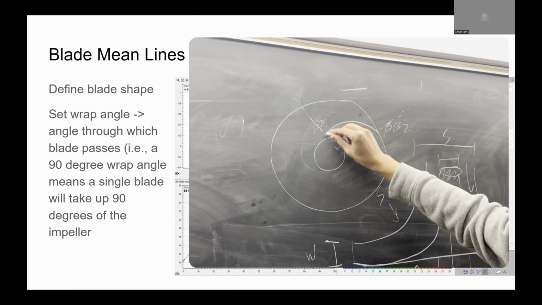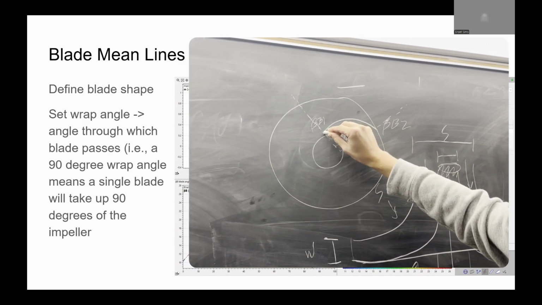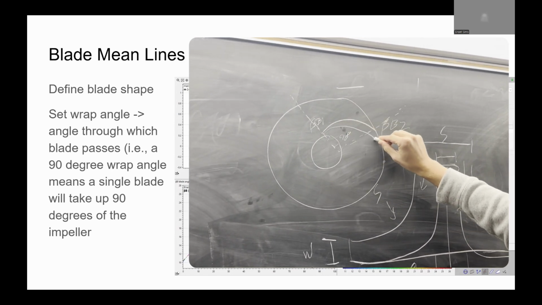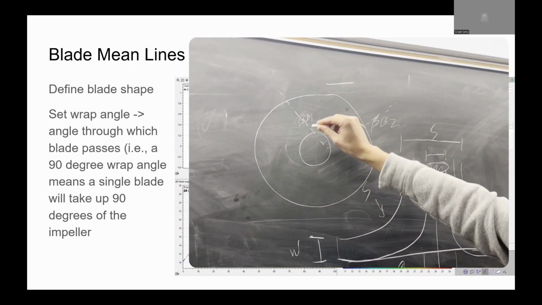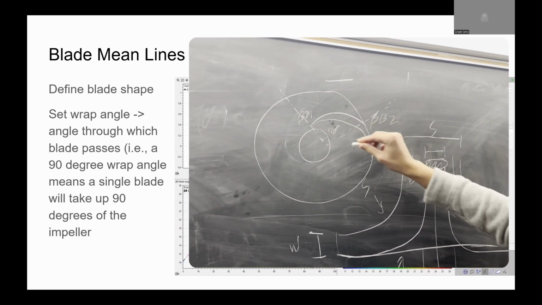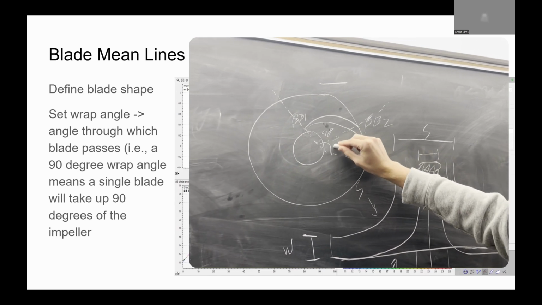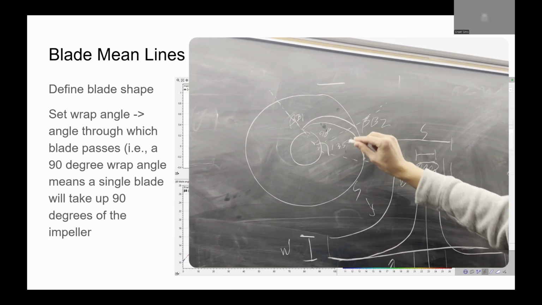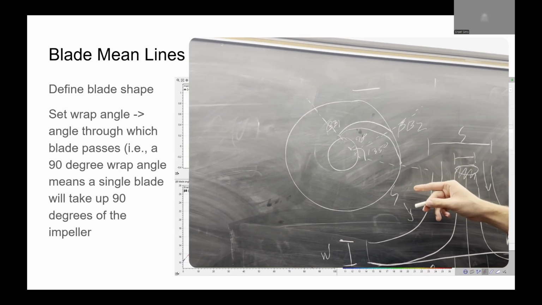If we start here and instead of going to this point, we go to a point down here, but we keep the same angles, assuming the angles at the start and the end are the same, we have a greater wrap angle. So that's like 135 maybe now. That's basically all that wrap angle means.